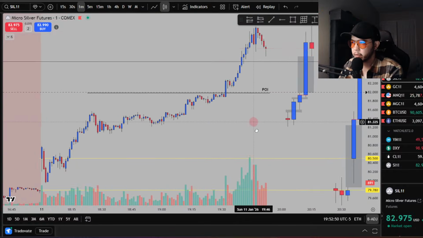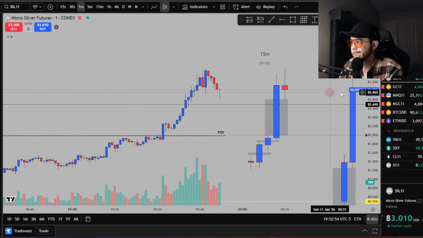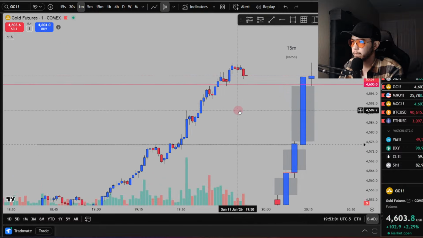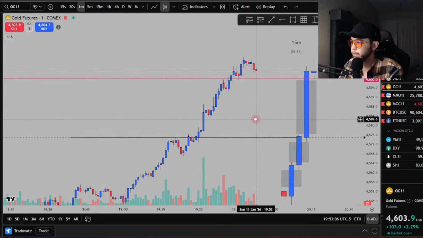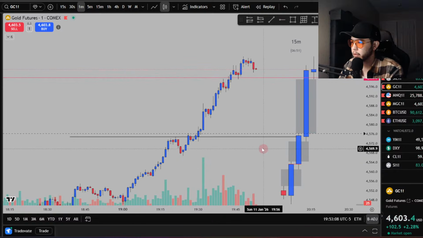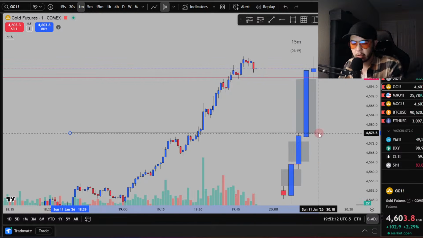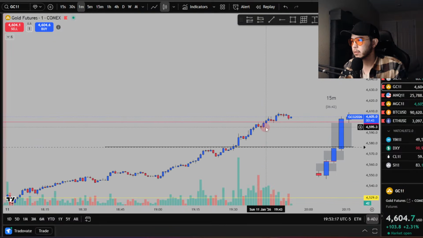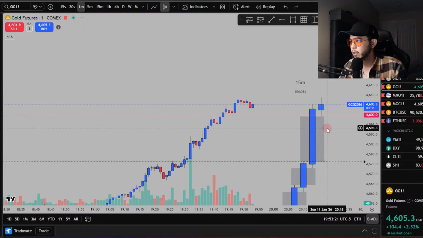Nothing going on in gold either. So it'll be right here. Let's see. At the all-time high, we're kind of in no man's land.